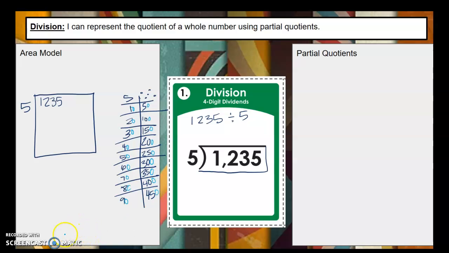Alright, so again, nothing in my chart is anywhere close to 1,235. The closest is 450, and that's still far away. So I'm going to add another 0. That's like multiplying my chart by 100. I'm making everything 100 times larger.